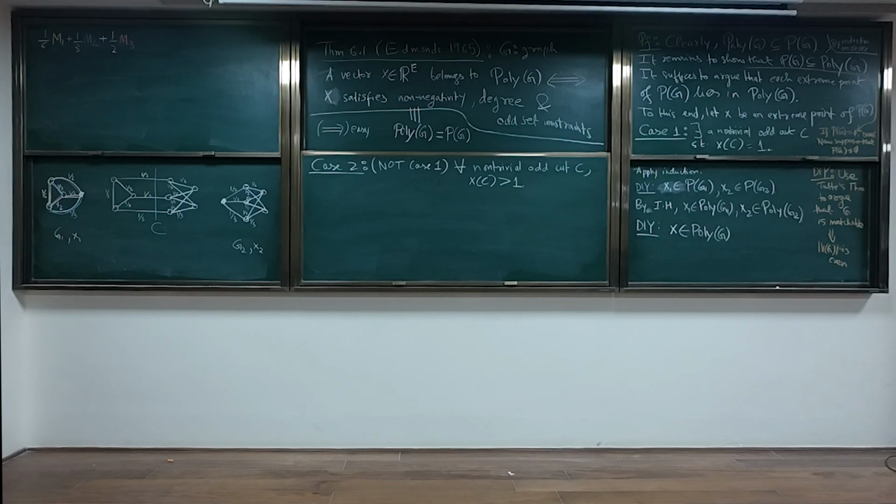Sorry, V1 and then the perfect matching of G2. Take the product and put it in the numerator. You take the number of perfect matchings of G2 and put it in the numerator, times the alphas of the perfect matching of G1. So you get a fraction times alpha.